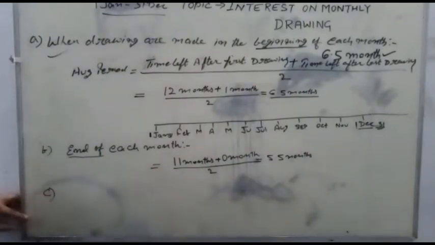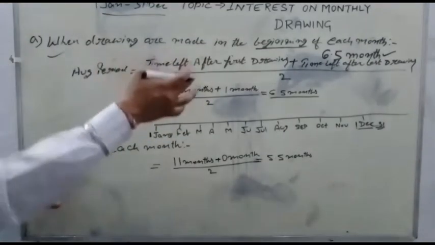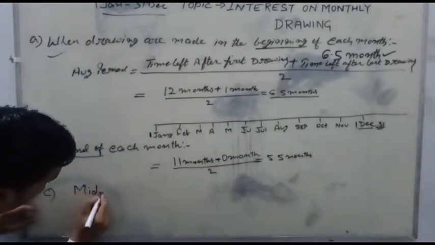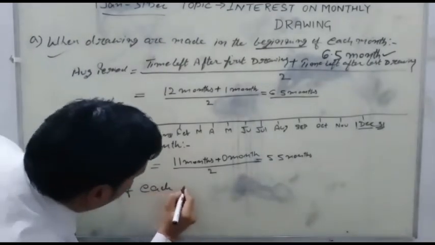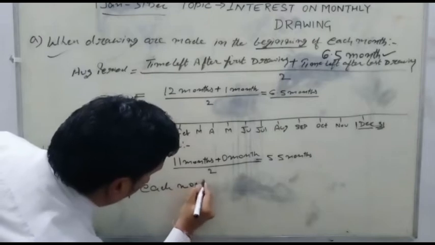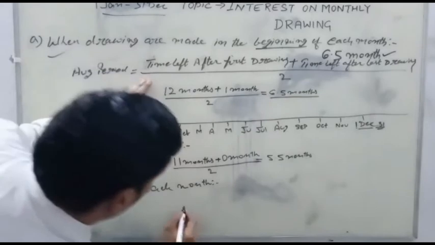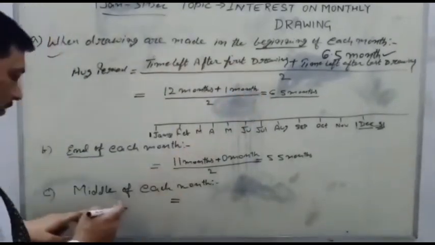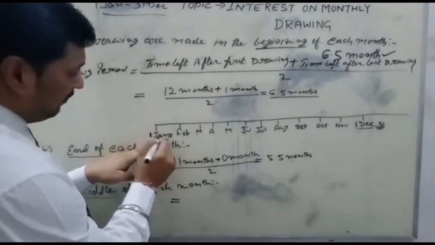See next point. If the partner withdraws in the middle of each month, the same formula we will use here. See the board. Time left after first drawing: the partner withdraws in the middle, which means 15 Jan.